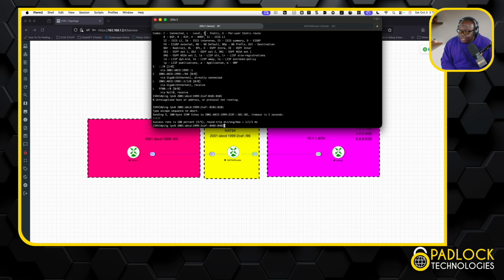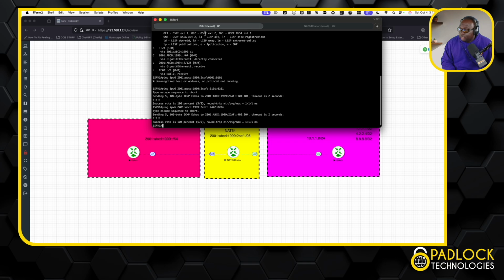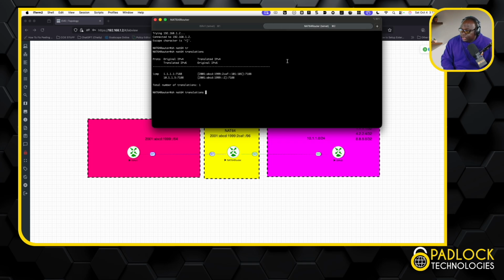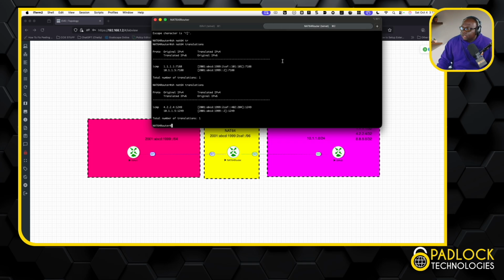I think that's what it is. I could be wrong. Or 0204. I could be wrong on this. Oh, actually, I was right. All right, so this got translated to the 4.2.2.4. So if we go back to our translations here, and there you go.